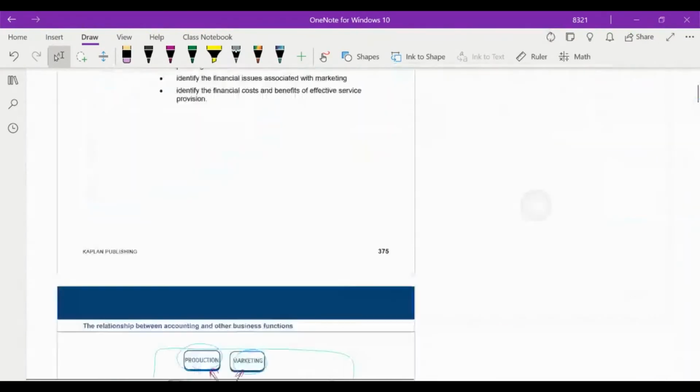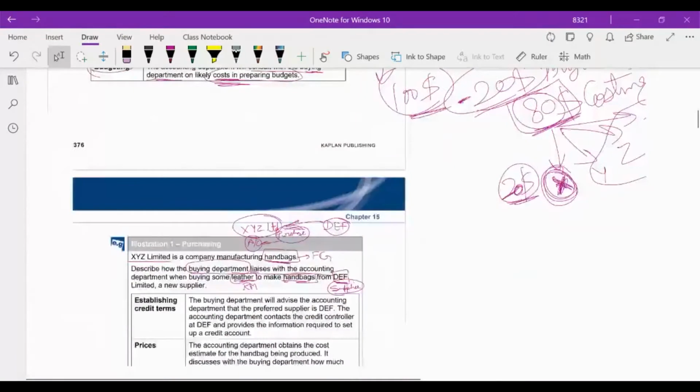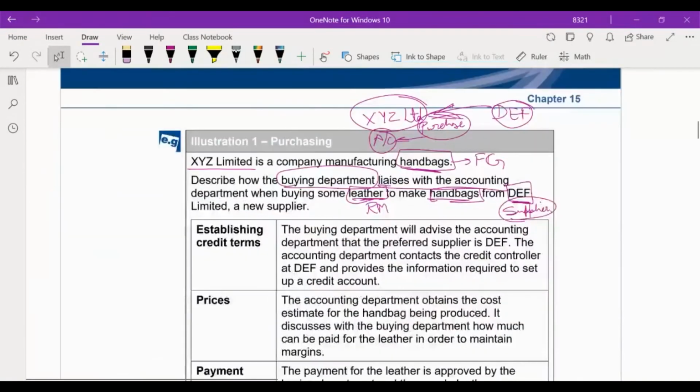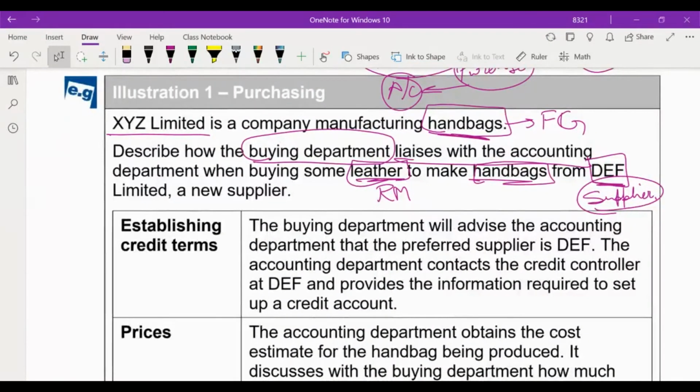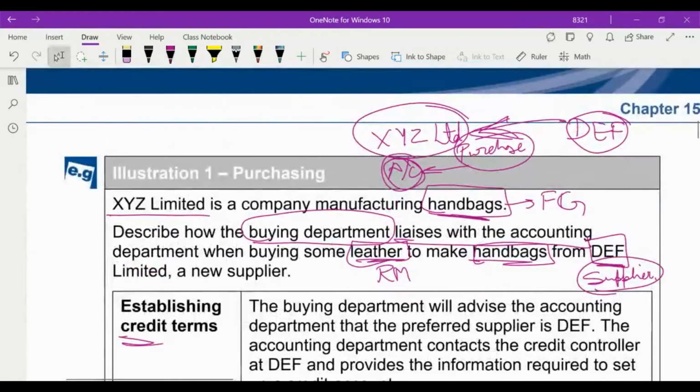Let's take the first one. Establishing credit terms. Who will establish credit terms? Accounts department will establish credit terms with whom? DEF department's relevant employees. That relevant employee is generally known as credit controller.